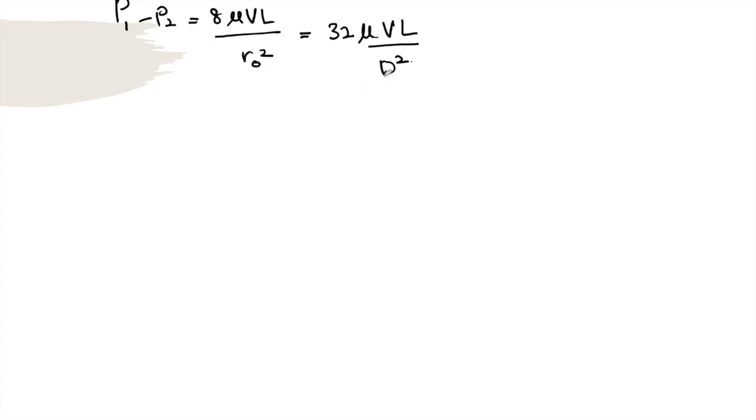So this is when you use velocity. We can change this equation into Q. Q is VA, so velocity is Q over area.